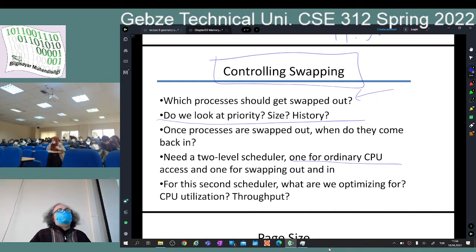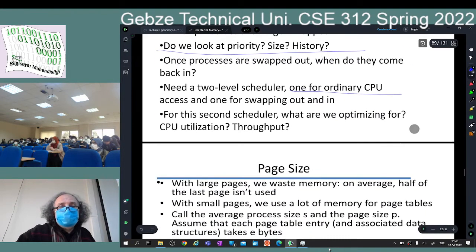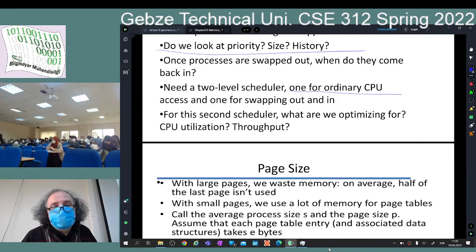This is just an introductory course about operating systems, but you should know about this problem. Swapping is a critical operating system problem. That's one of the design issues of operating systems. How do we control the swapping? The other one is the page size.